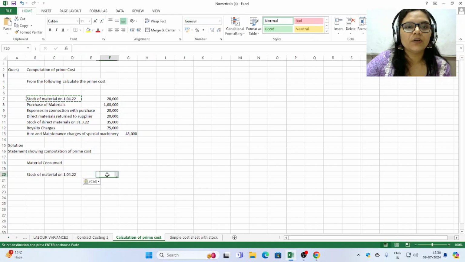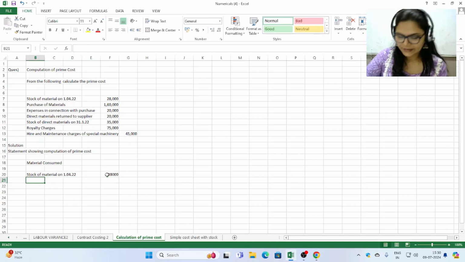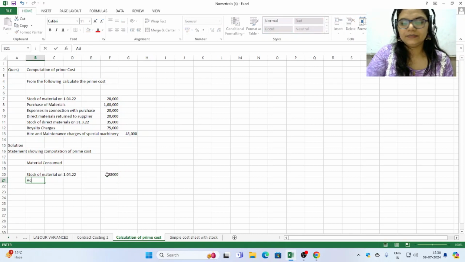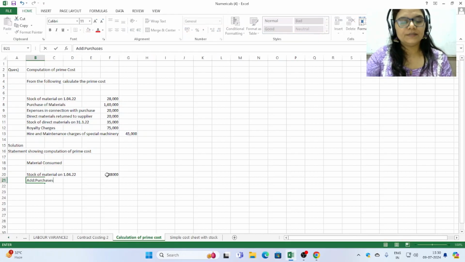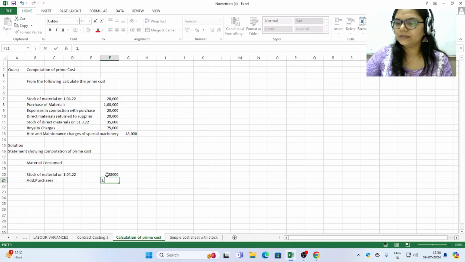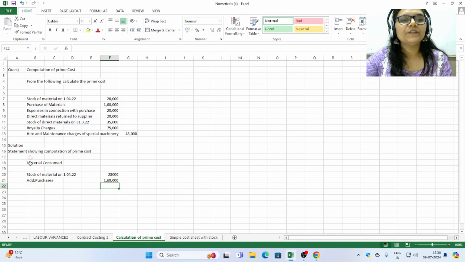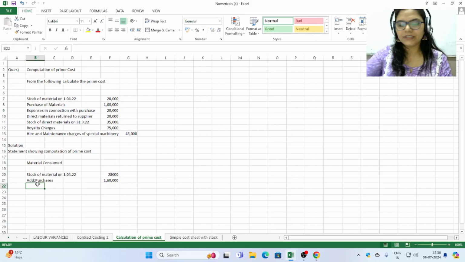Stock of material on 1st April 2022 is 28,000. Next, you need to add purchases. Purchases are 1,60,000. And if we are given any expenses in connection with the purchases, we also need to add them.